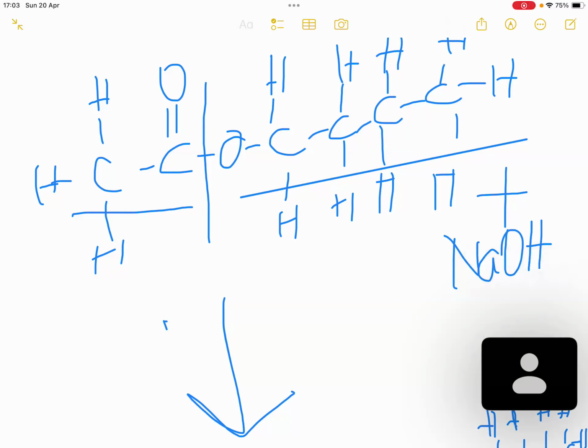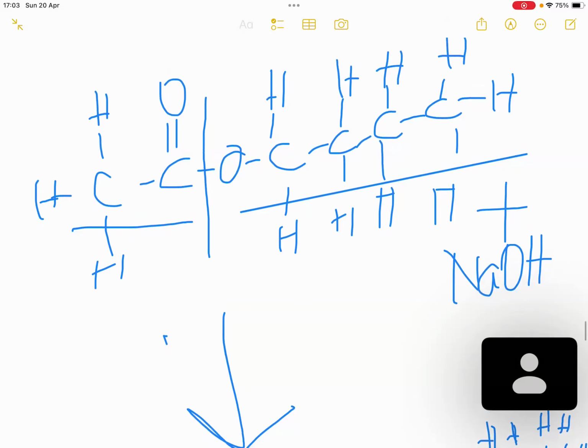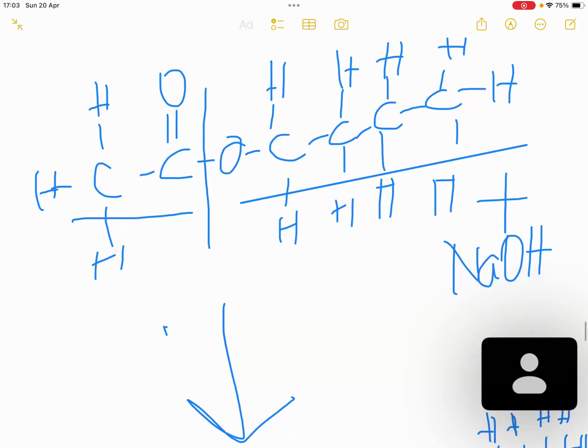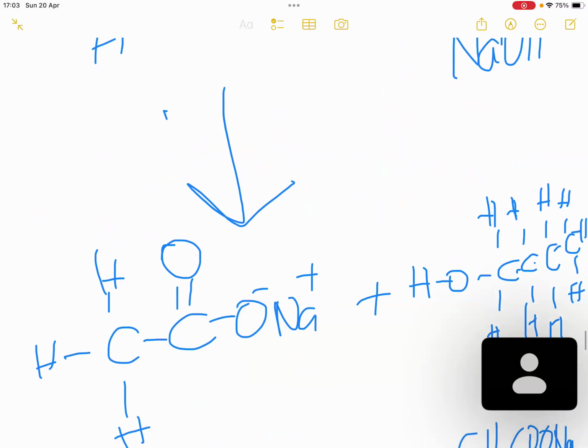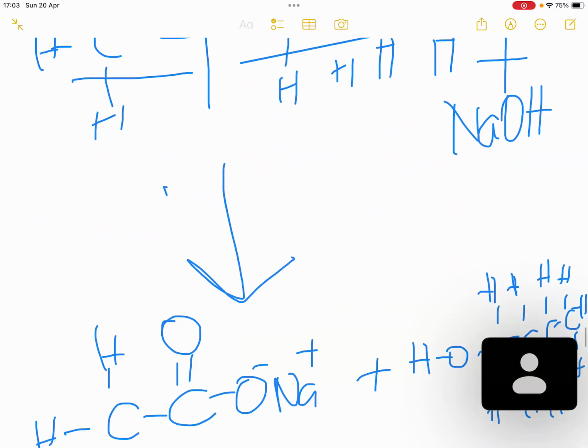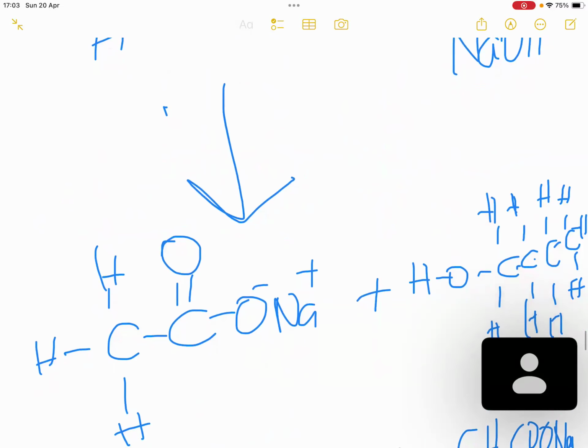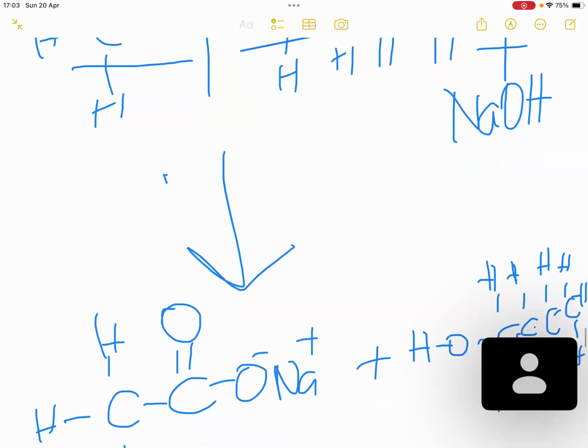When the molecule splits, to the acid part, which is this part, I'm going to be adding ONa, which is what I have here. I don't draw a single bond because ONa is an ionic molecule, so that part of it doesn't form a covalent bond, so I don't use a dash. So I put an O minus and an Na plus.